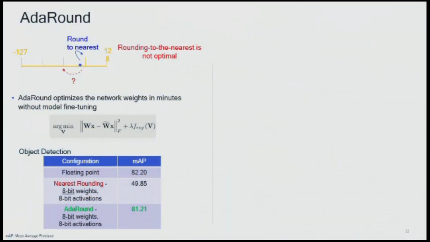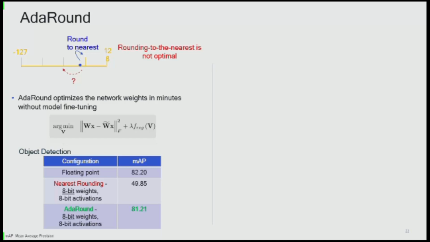We have many kinds of quantization in AIMET, but let me just give you one example. One of the tools in AIMET is AdaRound. You might know that if you have a floating point weight and you want to quantize that to 8-bit, which ranges from -127 to 128, which are integers, right?